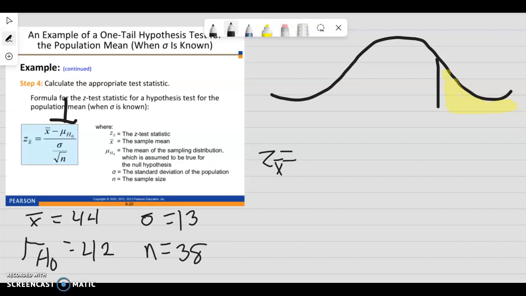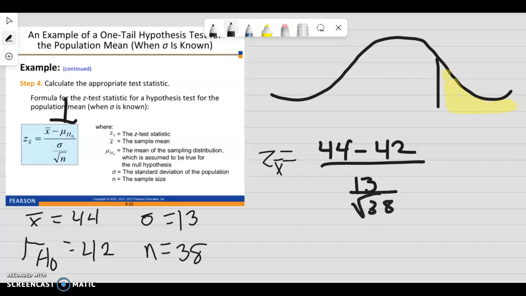So X bar, which is the sample mean, is 44 minus the mean of the sampling distribution, which was 42, divided by the standard deviation, which is 13, over the square root of n, which is 38.